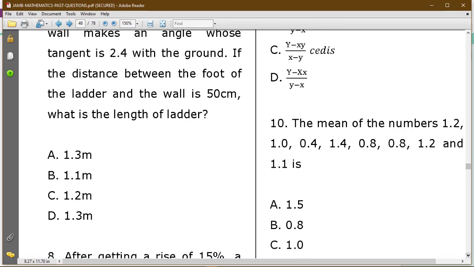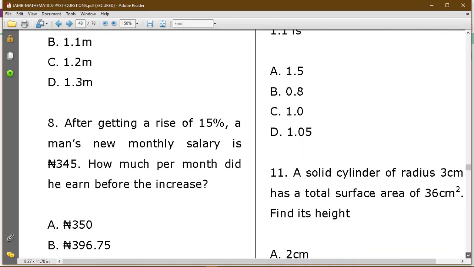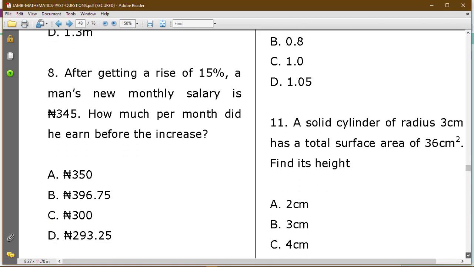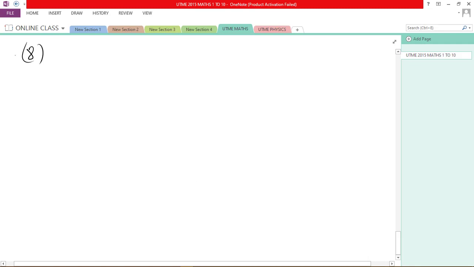Number 8. After getting a rise of 15%, a man's new monthly salary is 345. How much per month did he earn before the increase? Okay, now we go there. Here we just say let x equal old salary.